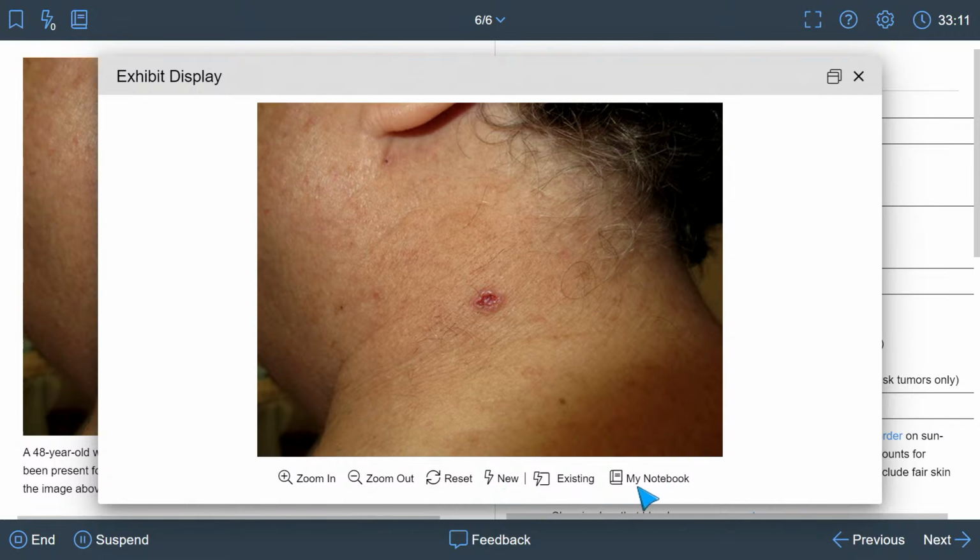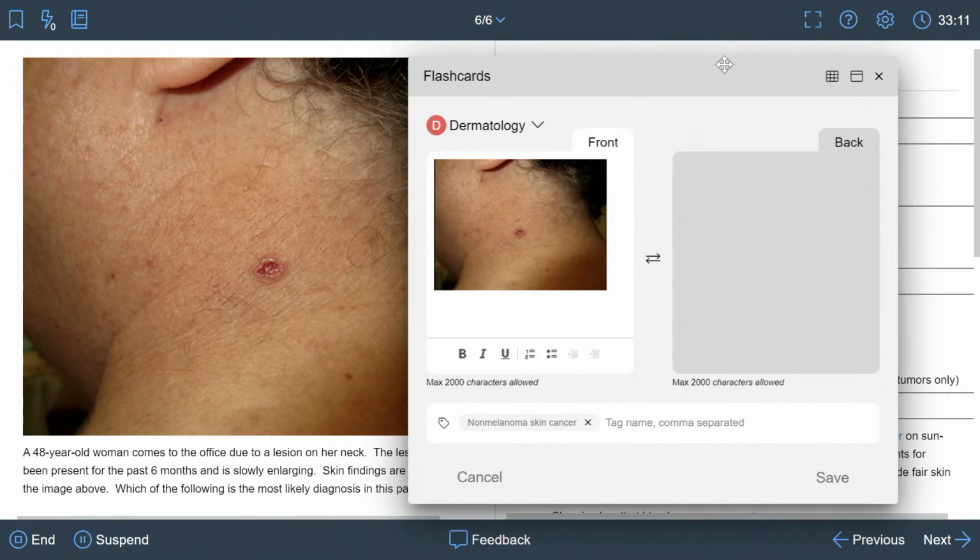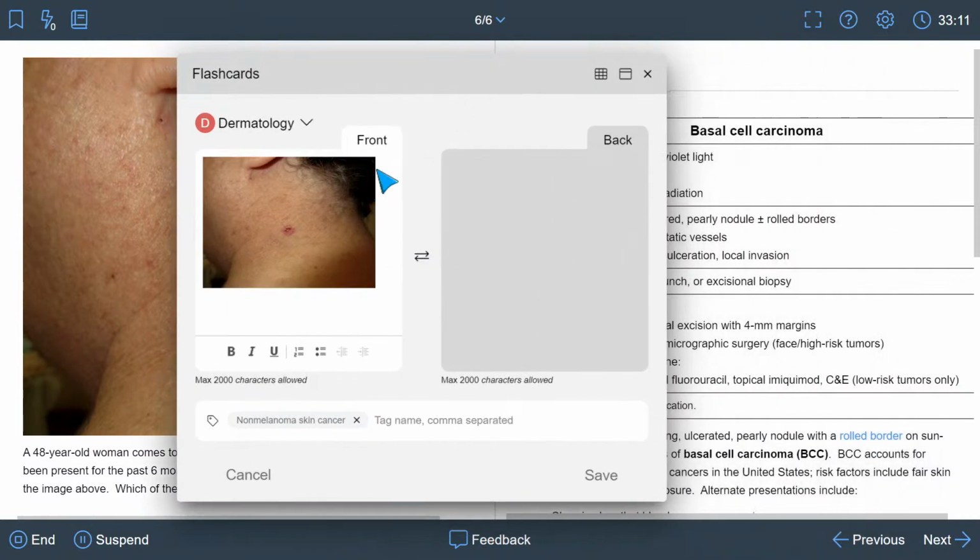Now we'll come back to my notebook later, but let's say we want to create a new flashcard. We would click on that, and this would pop up. As you see, it's already been labeled Dermatology, but you can label it whatever you like for your own flashcard deck. And this would be the front of the card. So we have that little picture there.